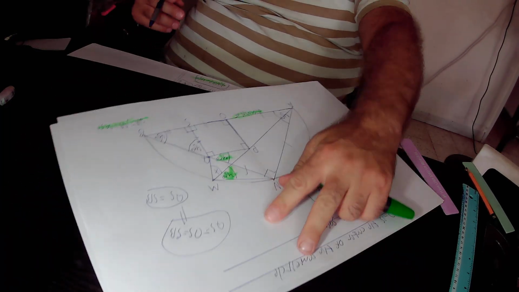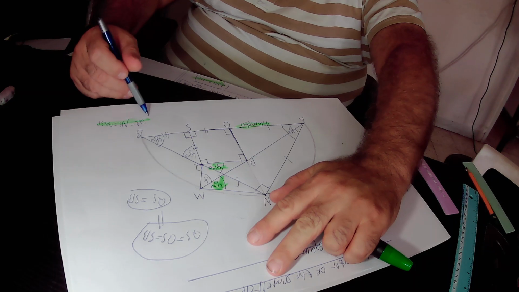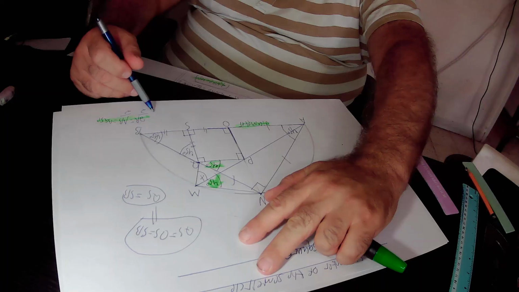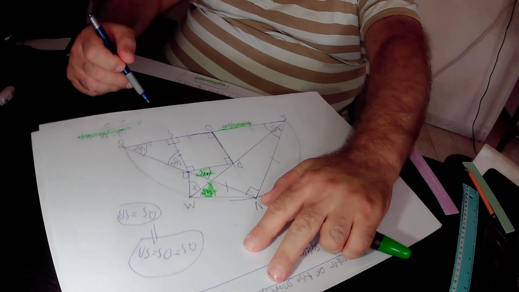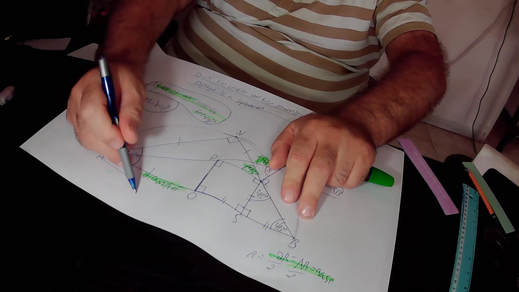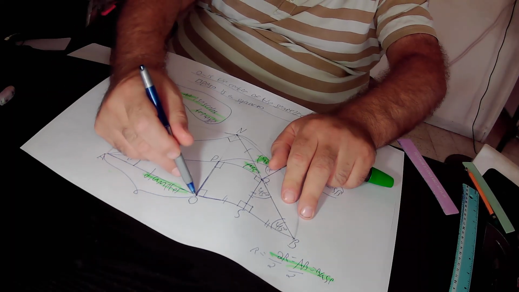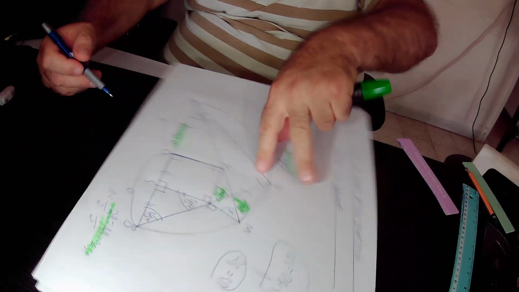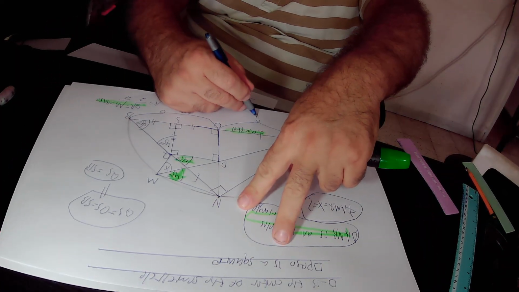But AB over 2 is 2R over 2, that is R. So AB over 2 is R. So the first half is the radius of the circle, and the second half is also the radius of the circle. That equals R according to our definition.